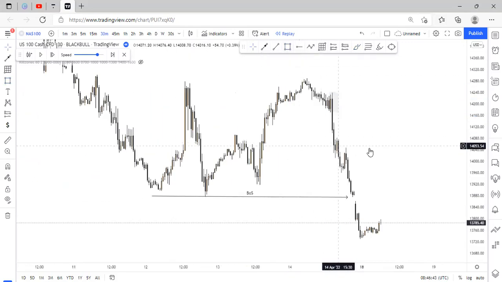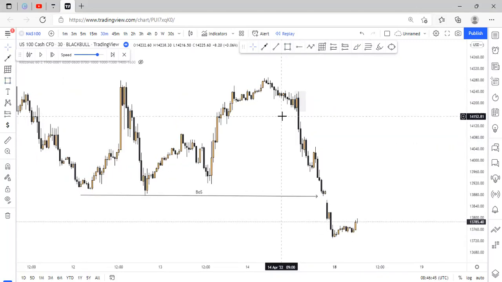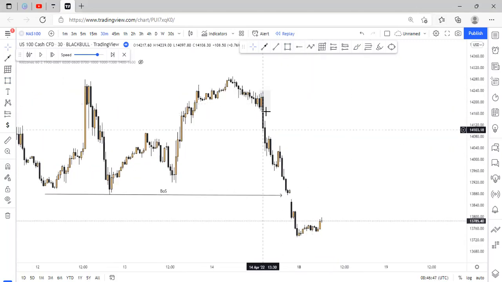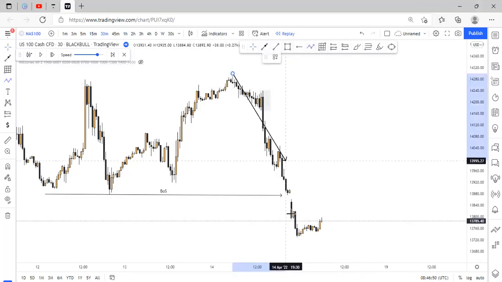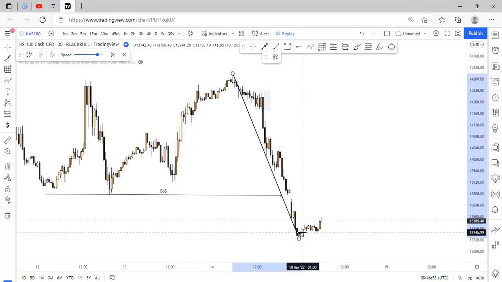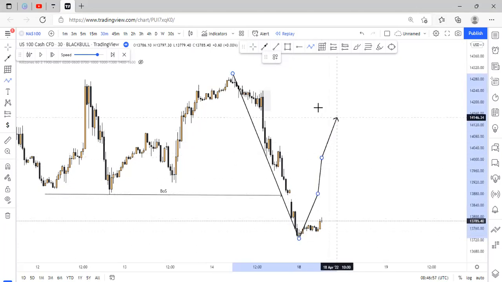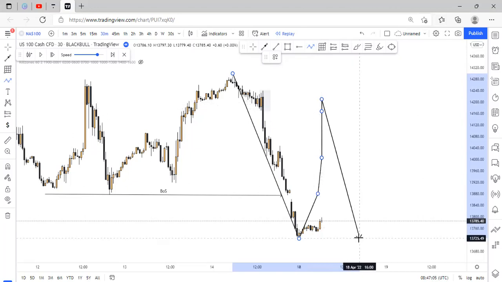And as you all know, in smart money concepts, whenever we have a break of structure like this, we know for sure at some point the market is going to retrace back to fill up these zones, to fill up imbalances that may be left behind, and unmitigated order blocks or supply zones before pushing down again.